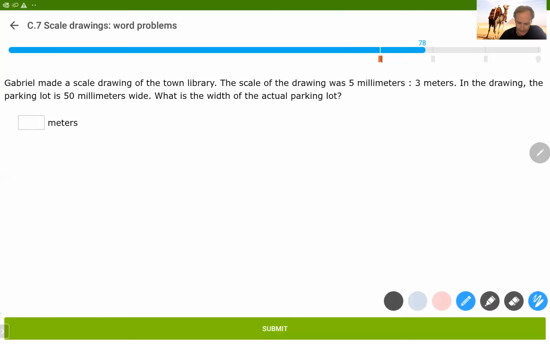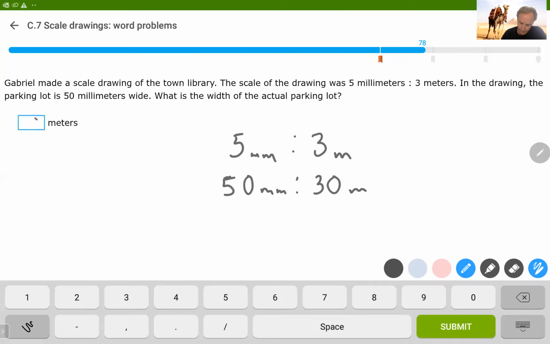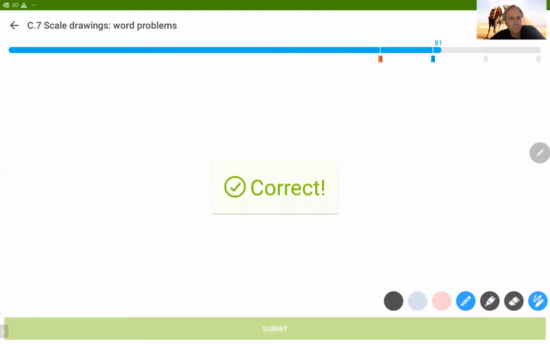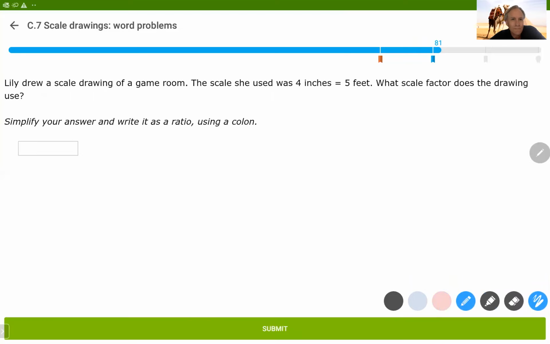The scale is 5 millimeters to 3 meters in the drawing, and we want 50 millimeters. So clearly that's going to be 30 meters. We just multiplied by 10. 4 inches to 5 feet.